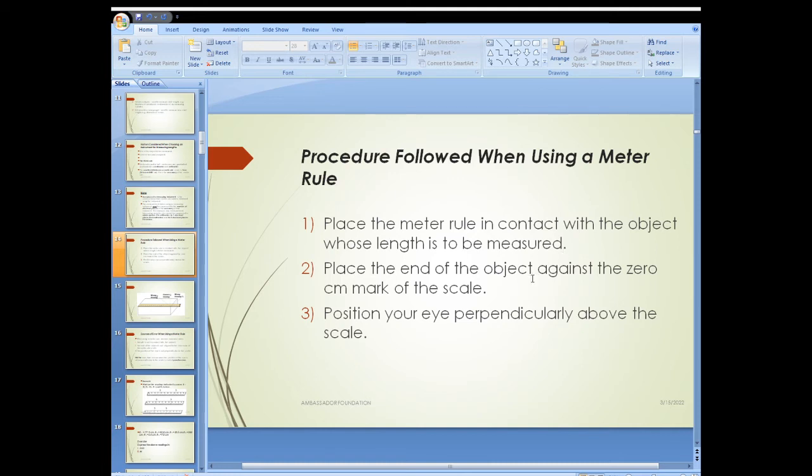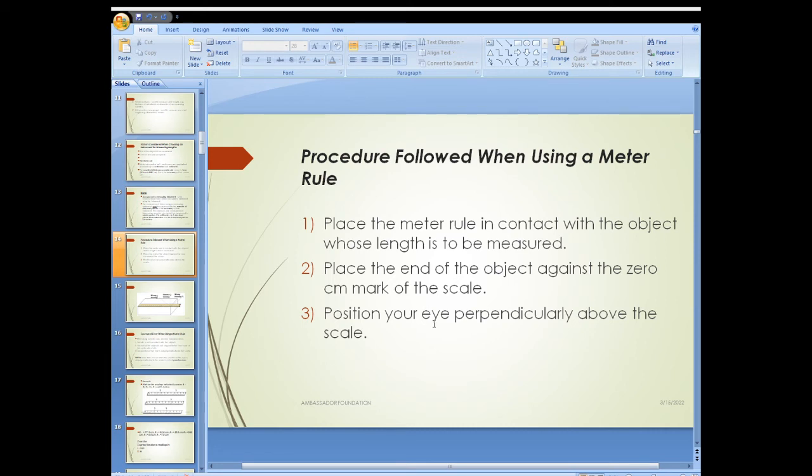Position your eye perpendicularly above the scale. Those are the 3 procedures that you are supposed to follow if you want to accurately get the results when using a meter rule. When you don't follow this, you will get some errors. You will not get accurate measurements. So we have to follow these 3 procedures in that given order.